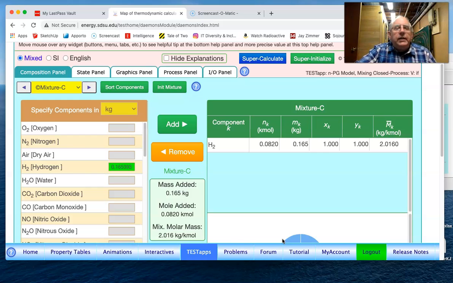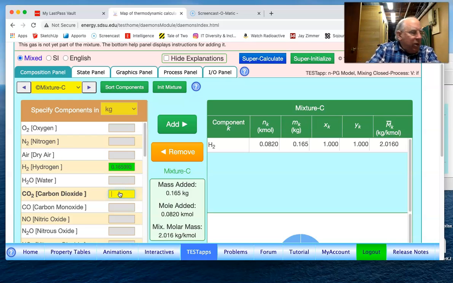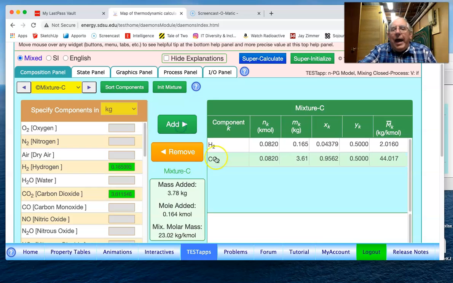I'm now going to put in the CO2. Now the CO2 was equal to the same total mass, 3.77698 times now the remaining mass fraction, which was 0.9562. And I have that entered, and I now add that.